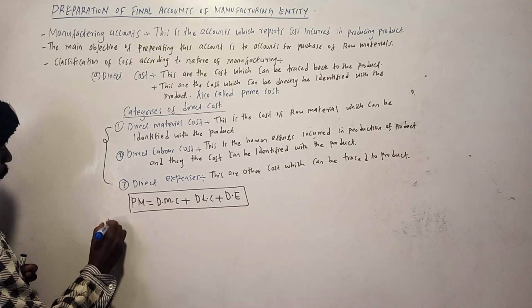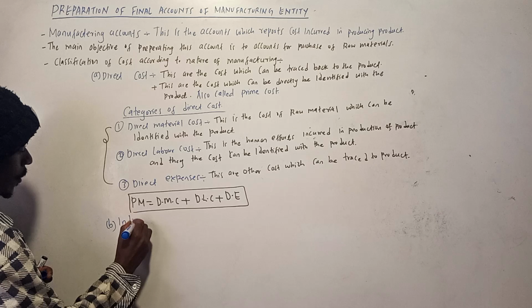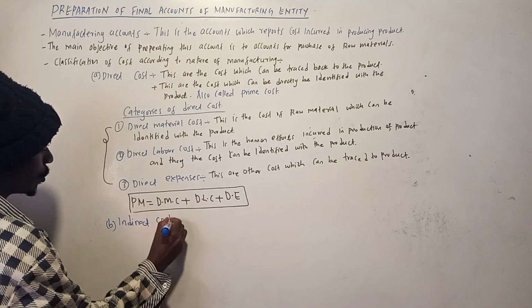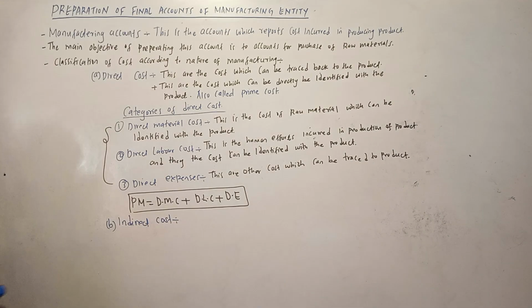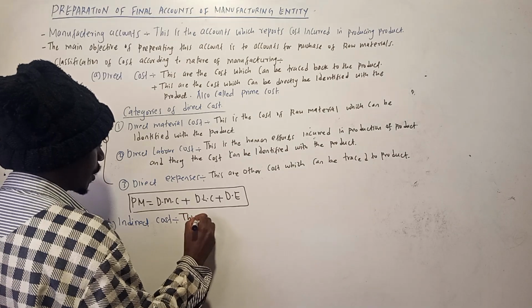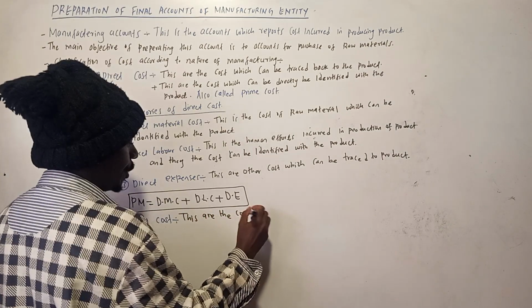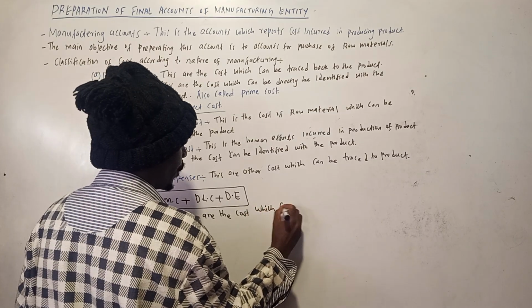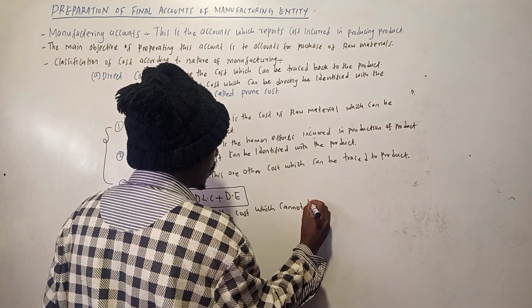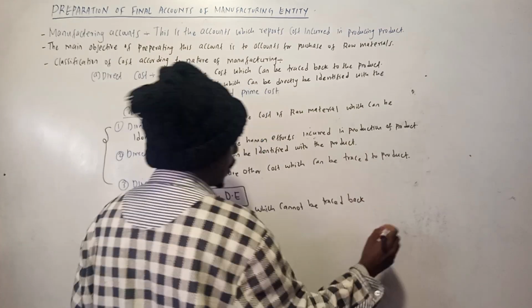Number two, according to the nature of manufacturing, we talk about indirect cost. We say these are the costs which cannot be traced back to the product.